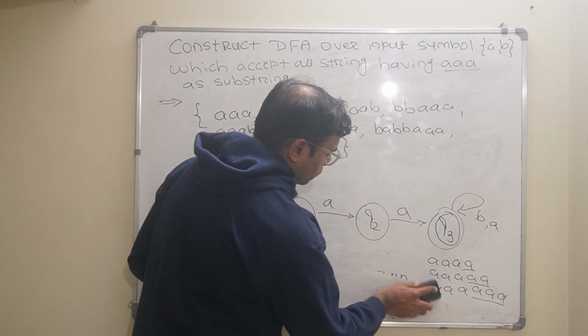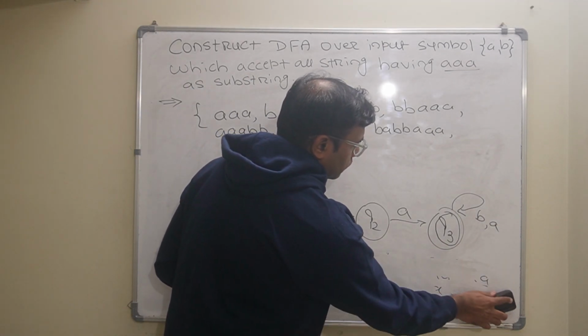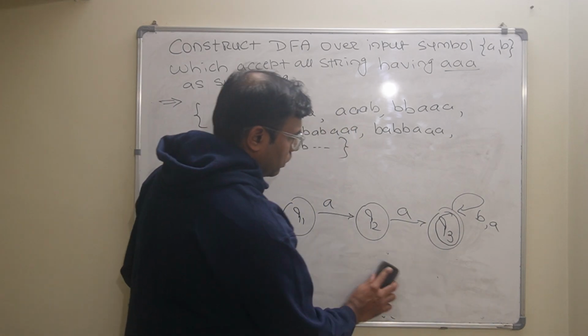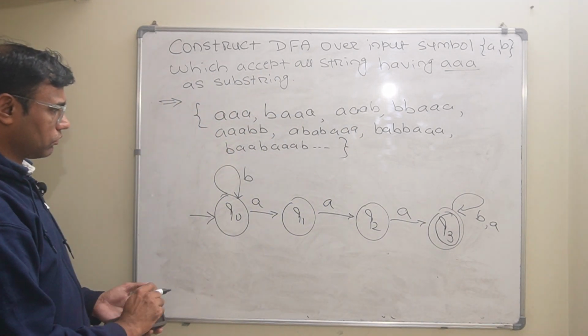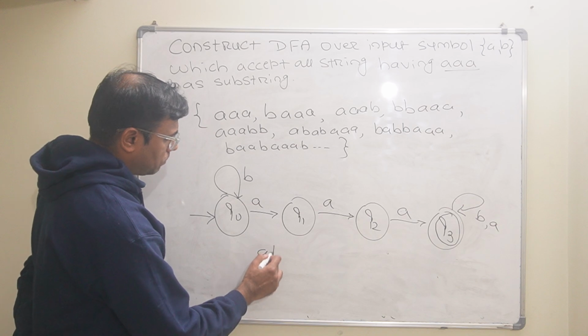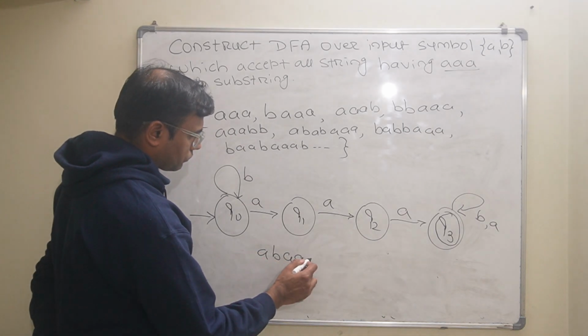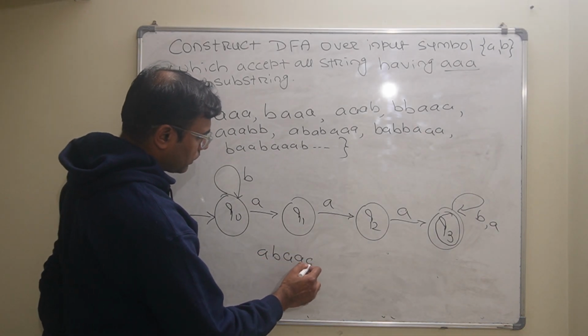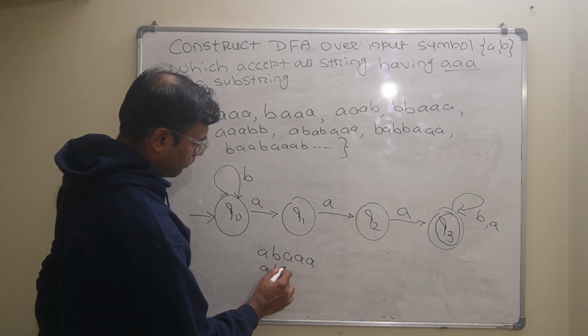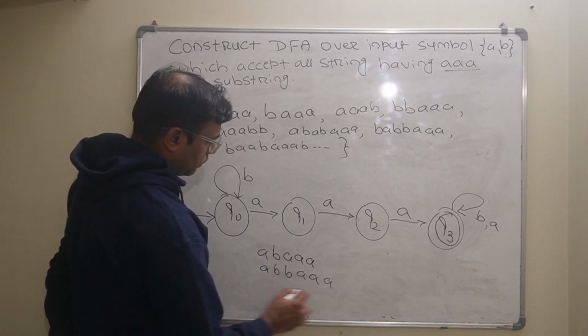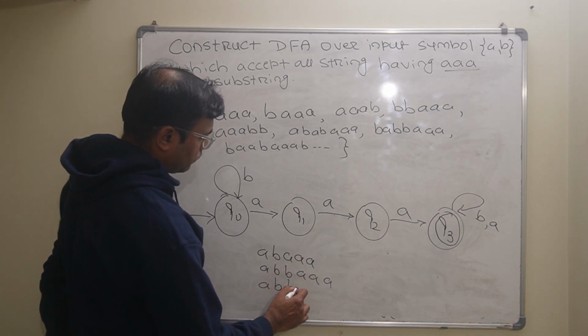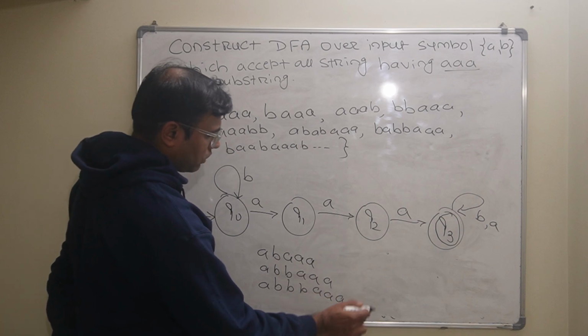Now let us discuss another possibility and we will try to construct the final DFA. So the string can be AB, then AAA, then ABBAAA, then ABBBAAA. These can happen.